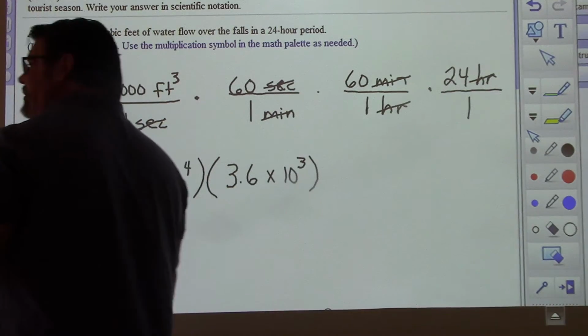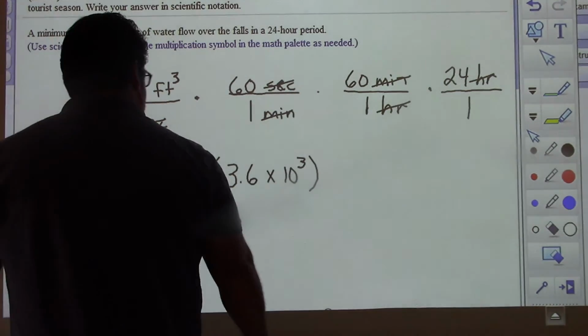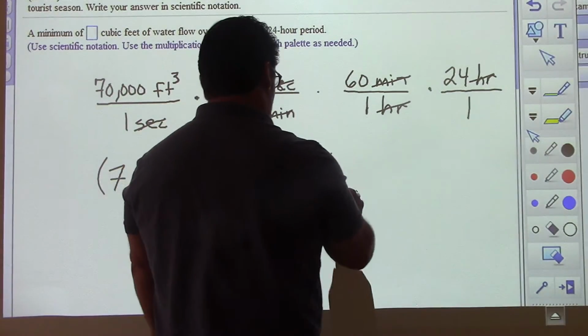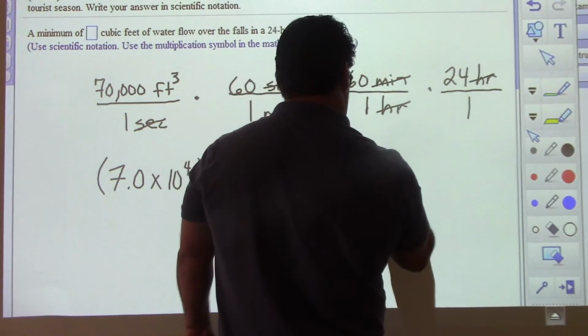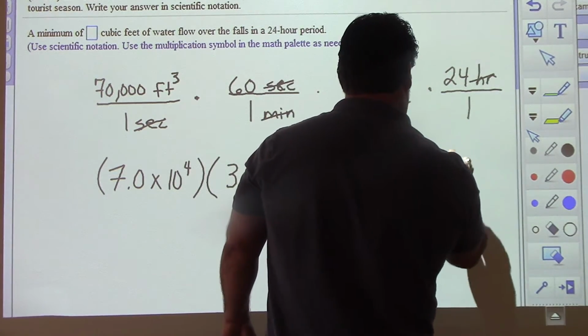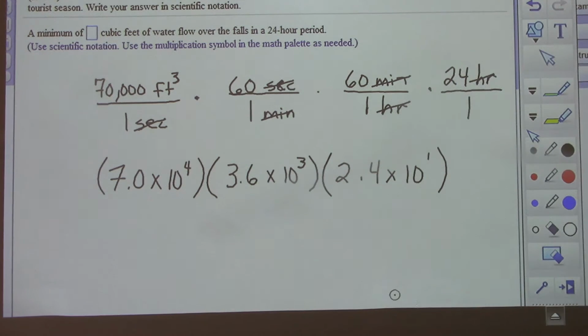And you say you caught me in a mistake all day. Yeah, it's wrong. 0.4 times 10 to the 1st. Now, you do not need a calculator for this, but it would help you to check it, see if you can do the math. But what is 4 plus 3 plus 1?